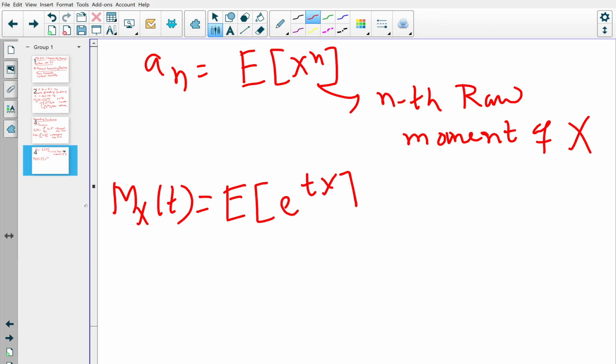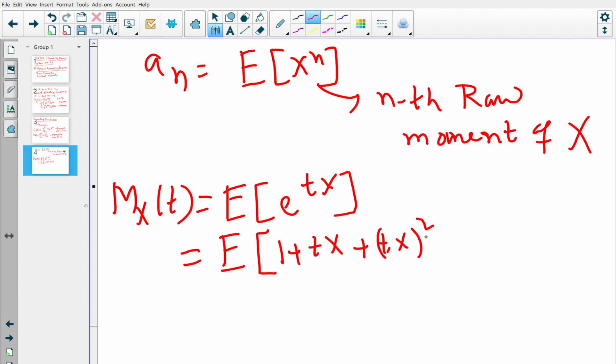Let me assume very good conditions, where all the properties are true. We can write this as 1 plus tX plus (tX) whole square by 2 factorial, assuming I can expand.